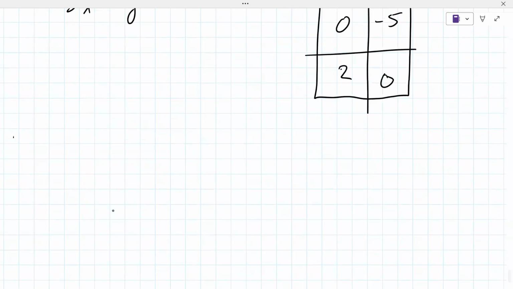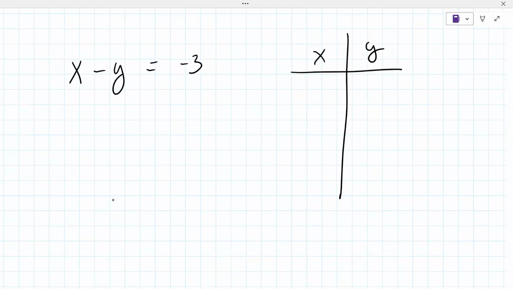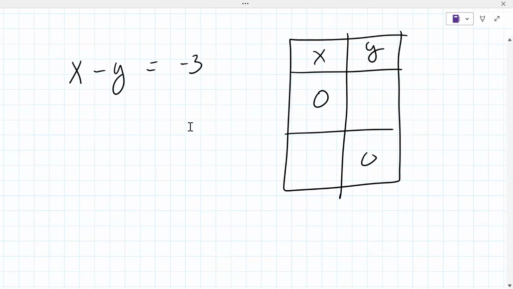Okay, one more. Say it's x minus y equals -3.